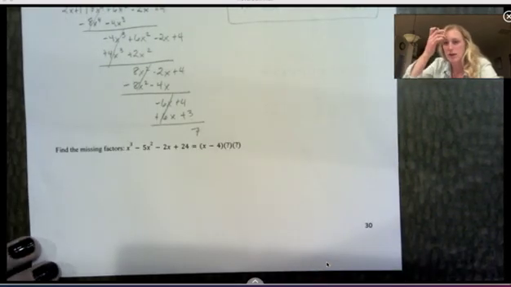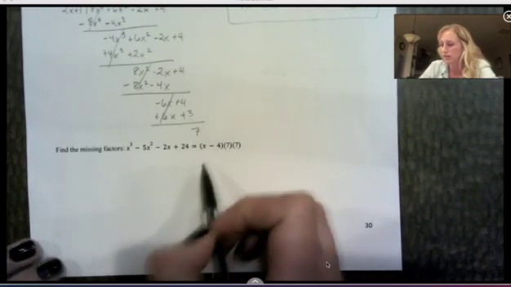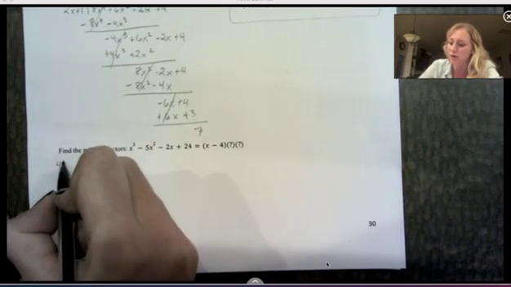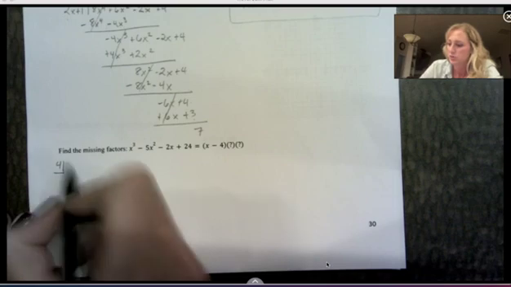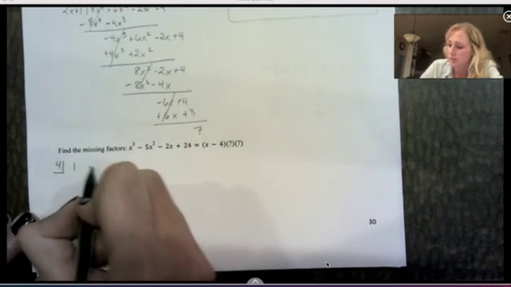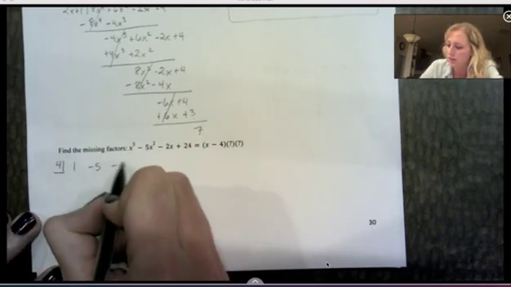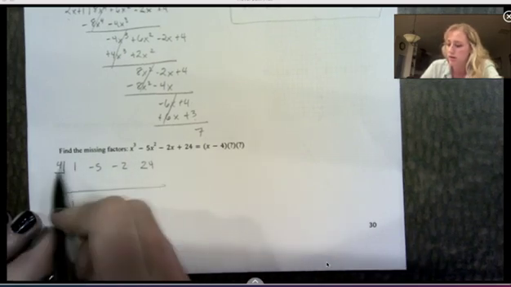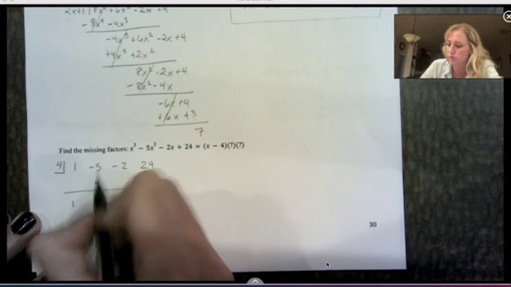All right, okay, missing factors. Here's where I can use synthetic division. So if x minus 4 is a factor, that means positive 4 is the 0. So we have 1x cubed, -5x squared, -2, 24. Okay, 4 times 1 is 4, add.